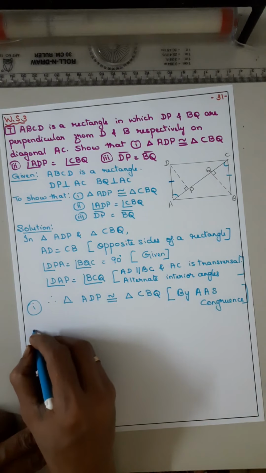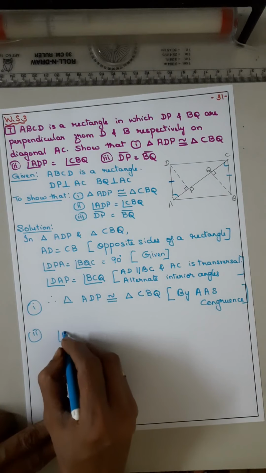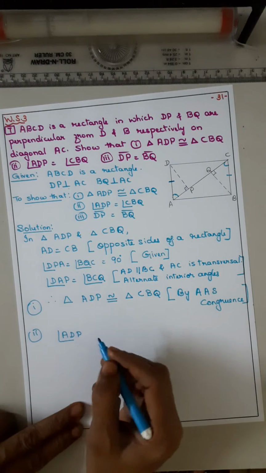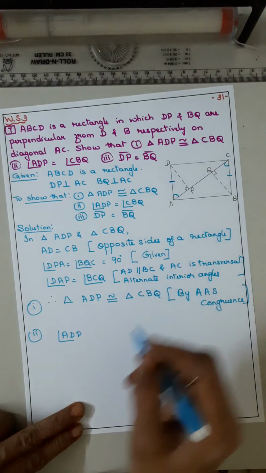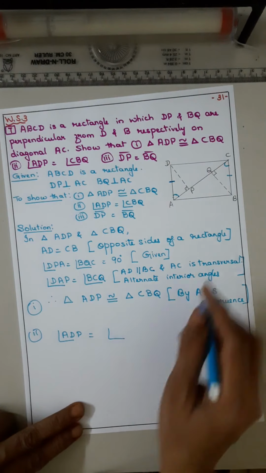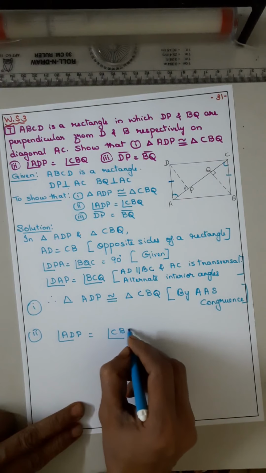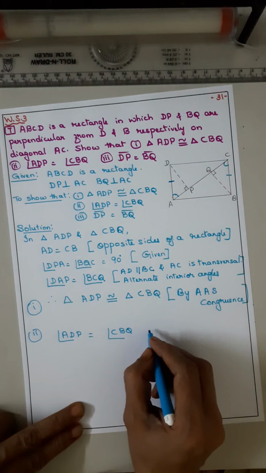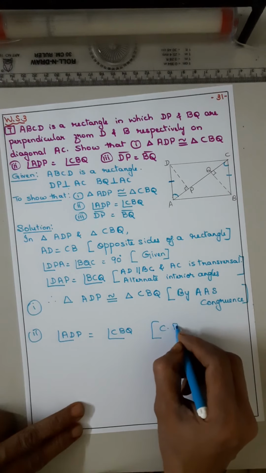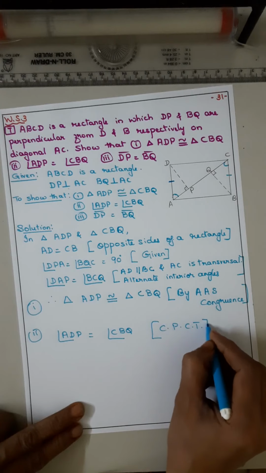Second, angle ADP is equal to angle CBQ. Why? By CPCT.